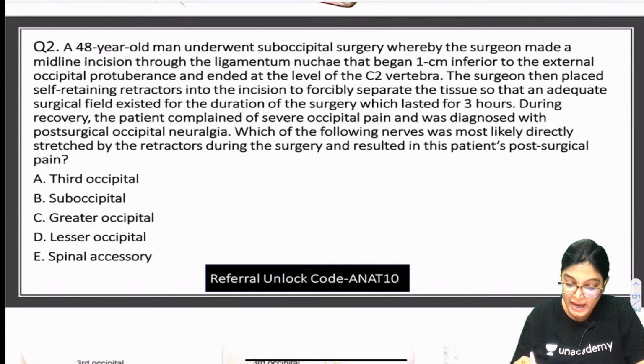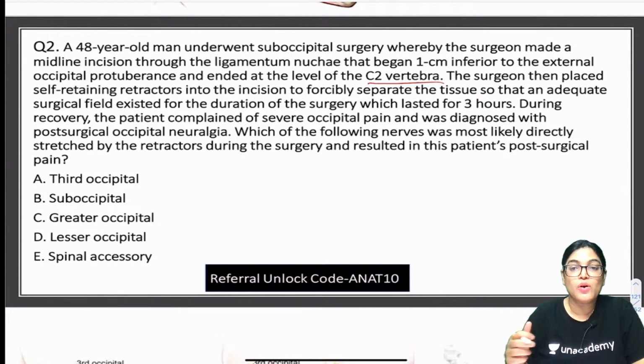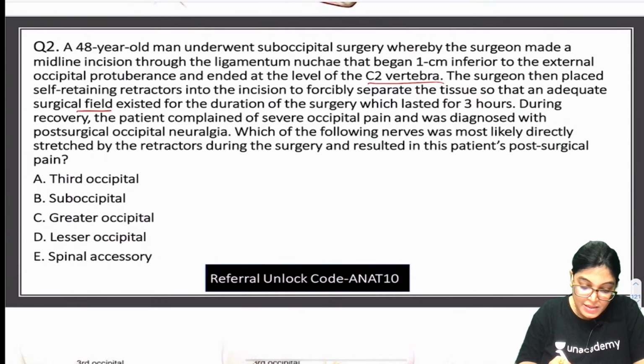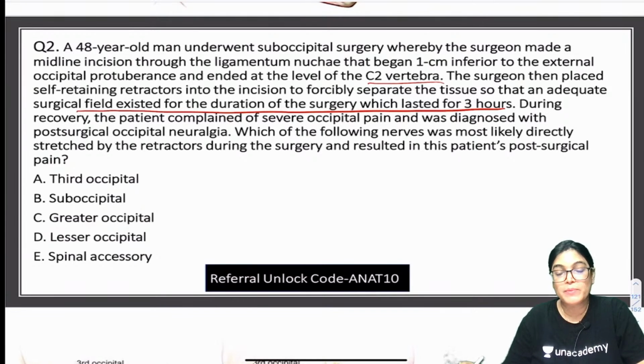And where does it end? It ends at the level of the C2 vertebra. The surgeon then places a self-retaining retractor. So the retractor is placed to retract the structures, so that an adequate surgical field is available, because the surgery lasts approximately 3 hours.